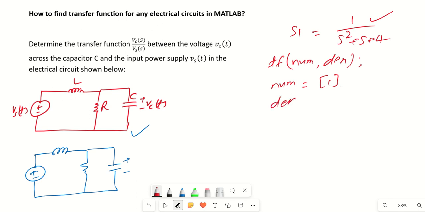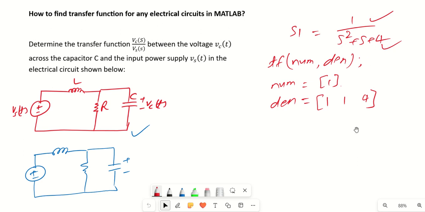The denominator is also the coefficients, which is 1 1 4, that is the coefficients of s square, then s, then the constant 4. You have to make sure the numerator and denominator coefficients are in decreasing order of the powers.